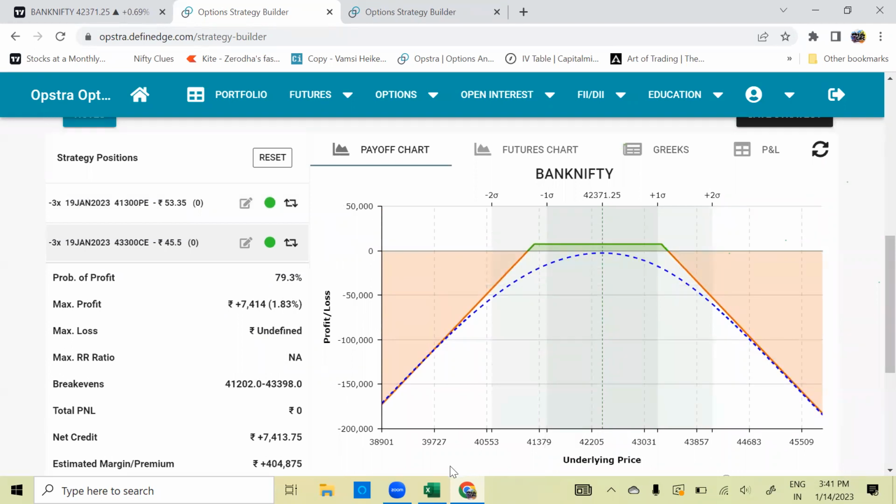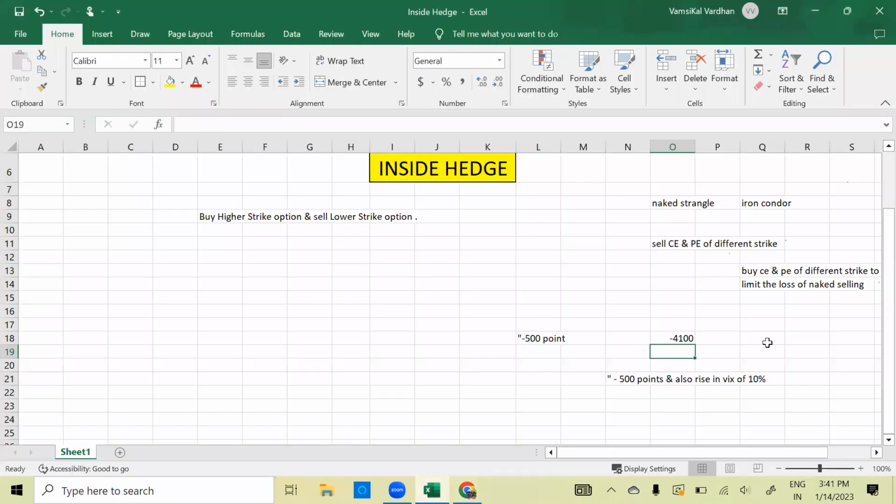In the first instance, it showed a 4,000 rupees loss just because the market went down 500 points. But in the next instance, it is showing minus 7,000 rupees. Why? Because VIX is increased by 10%.